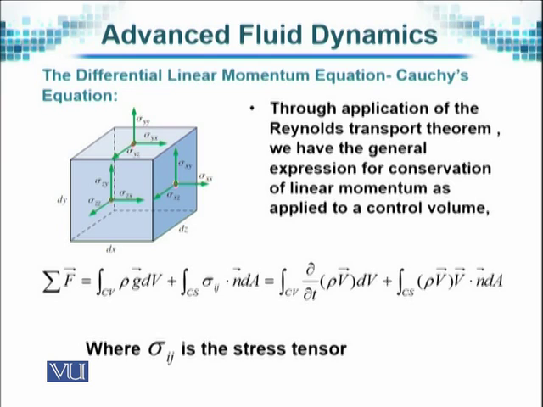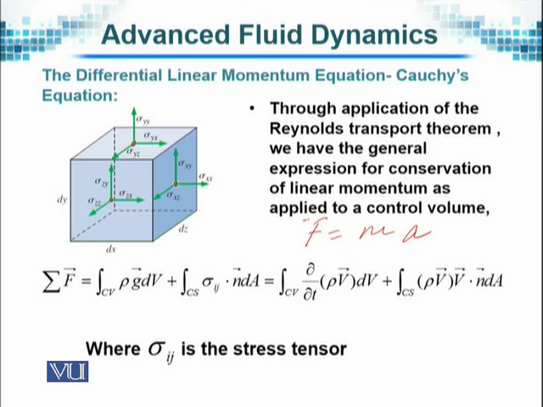In this respect, we need to remember that if we consider a small control volume, then from Reynolds transport theorem, we arrived at this equation that we have to sum up all the forces when we were considering Newton's second law of motion. F is equal to ma, force is equal to mass into acceleration of the fluid.